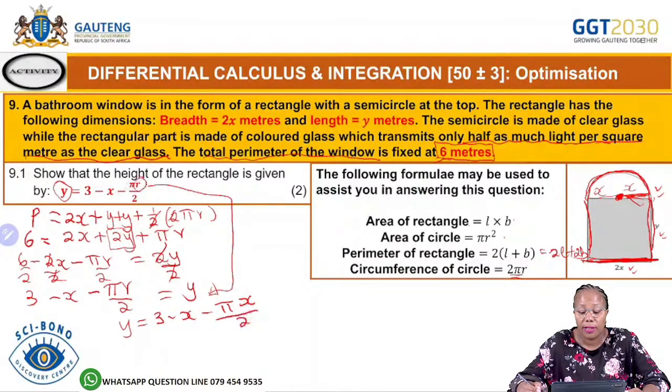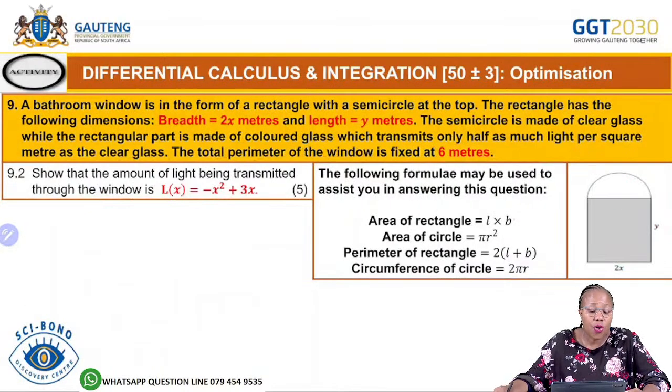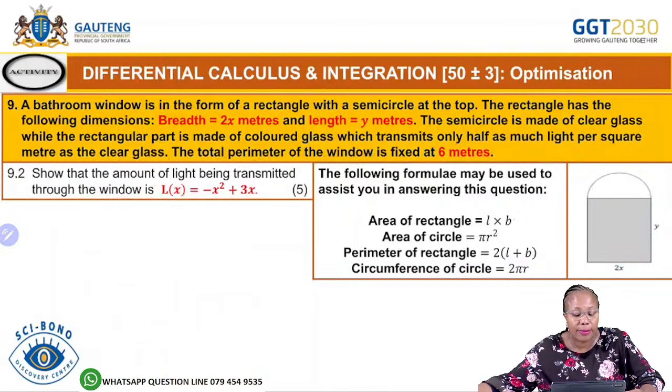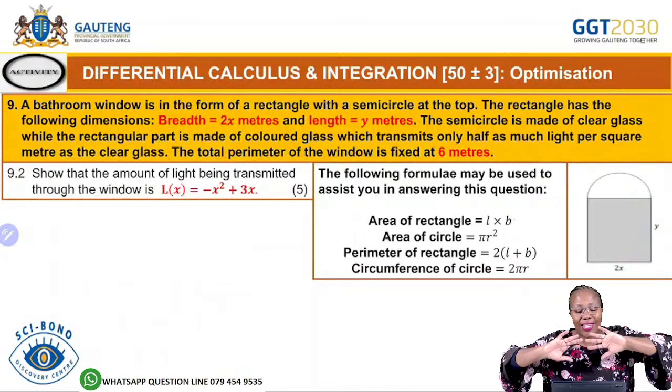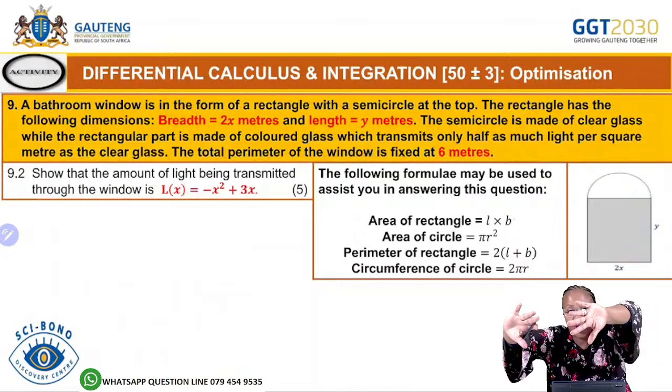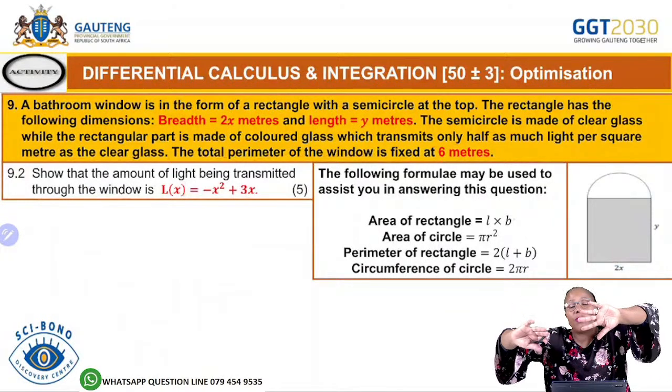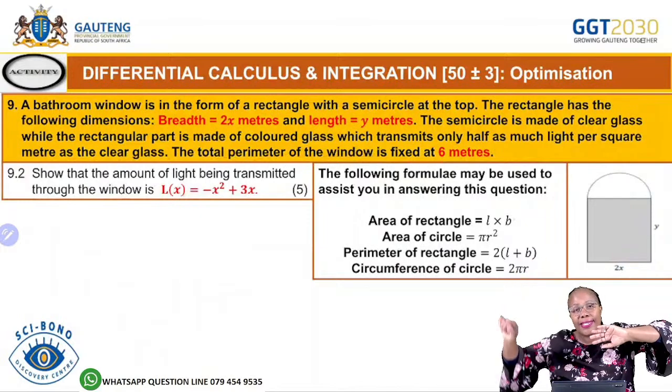Alright, next question. Show that the amount of light being transmitted through the window is L of x equal to minus x squared plus 3x. Now we are taking the light that is coming through the window. So when you talk through the window, remember perimeter, we are talking the distance around.